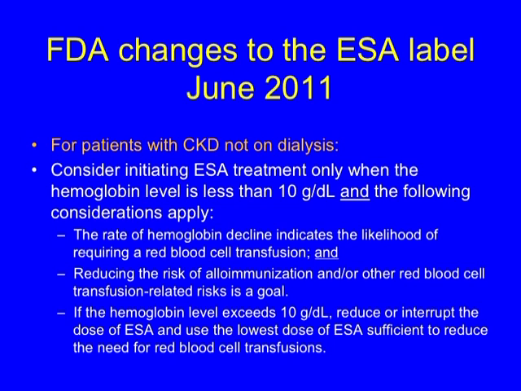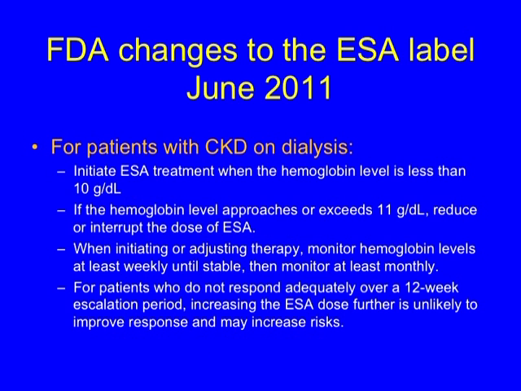And if the hemoglobin level exceeds 10, reduce or interrupt the dose of ESA and use the lowest dose of ESA sufficient to reduce the need for red blood cell transfusions. For patients on dialysis, the FDA recommends the following. Initiate ESA treatment when the hemoglobin level is less than 10. If the hemoglobin level approaches or exceeds 11, reduce or interrupt the dose of ESA.